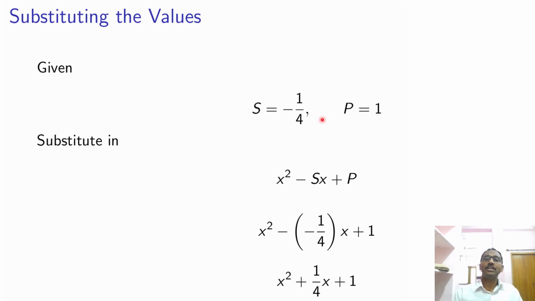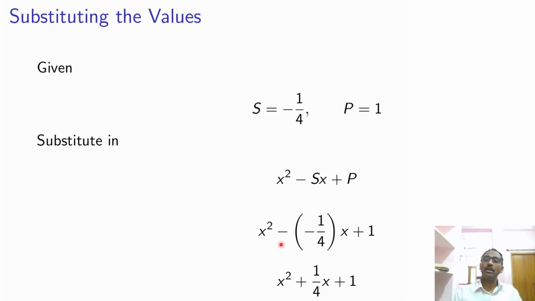Now S is given in the question, minus 1 by 4, the sum of zeros alpha plus beta. Alpha beta, the product, is given as 1. Substitute in x square minus Sx plus P. So x square minus of the S value, minus 1 by 4, taking it in brackets, times x plus P. P is given as 1, so I am writing 1 here.